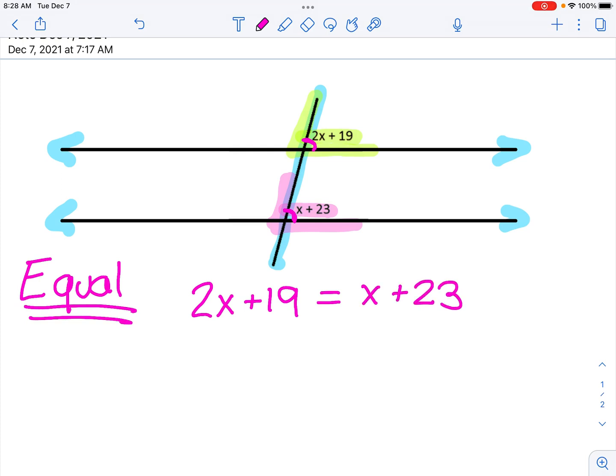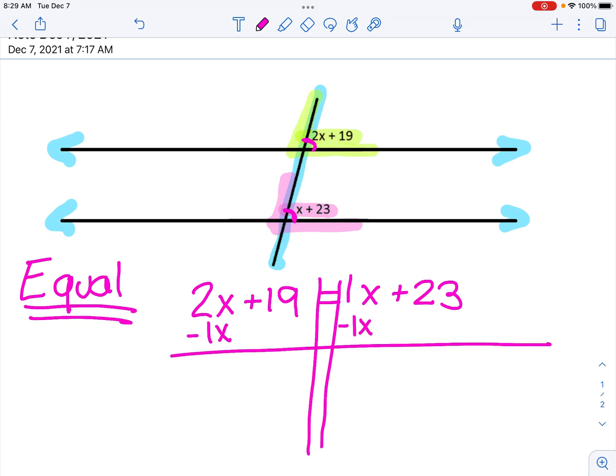Now that I have this equation set up, this looks just like my variables on both sides in station 4. So I'm going to slide a 1 in here just to remind myself that that little x is a 1x. And I'm going to get started by first moving my variable. So the first thing I'm going to do is subtract 1x from both sides. So I end up with, on this side, 1x left plus 19 equals 23.